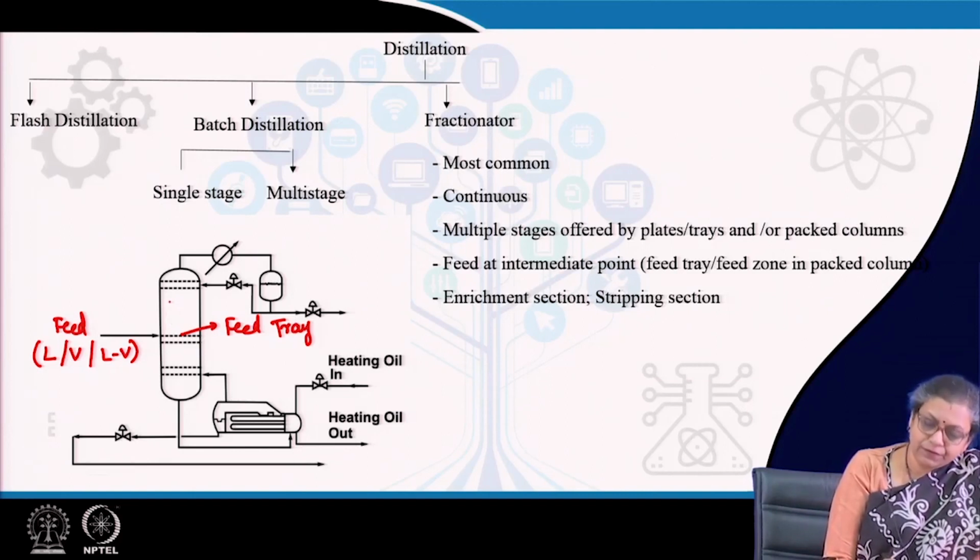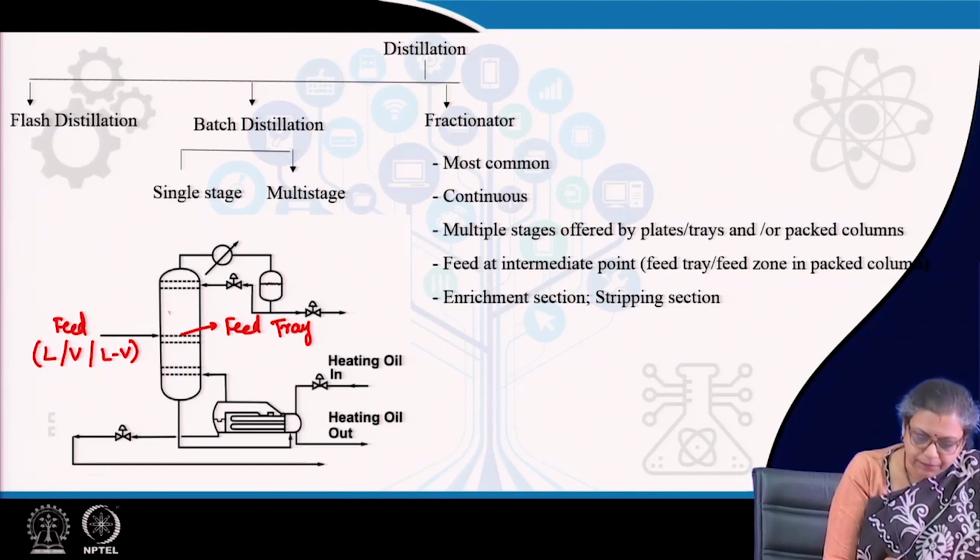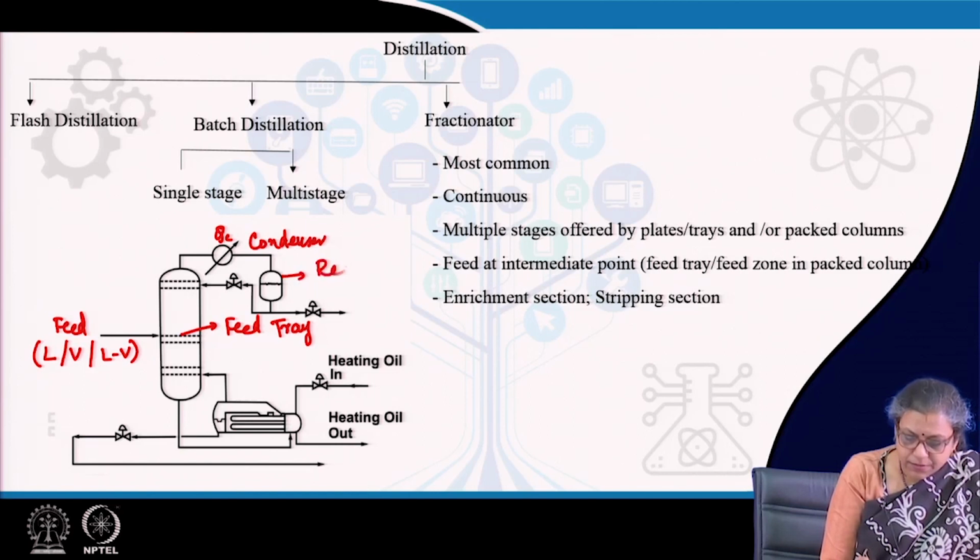Just like I have discussed in the multi-stage batch distillation, vapor rises through the overhead vapor line and reaches the condenser. In the condenser, cooling occurs, vapor gets condensed and then it collects in the reflux drum, also known as the accumulator.